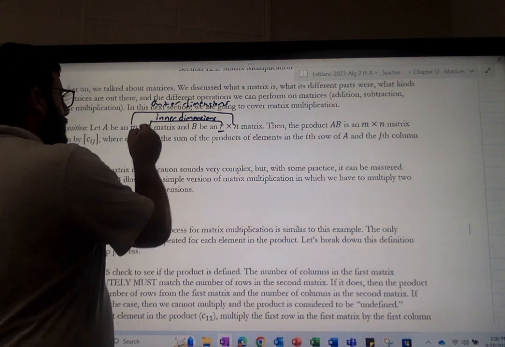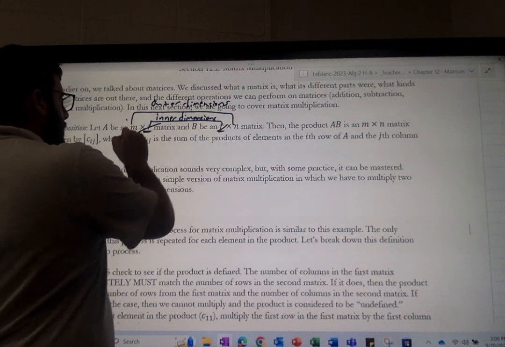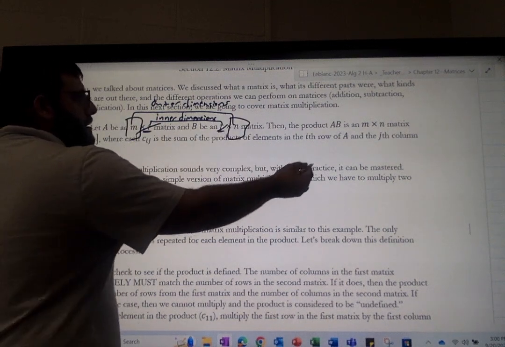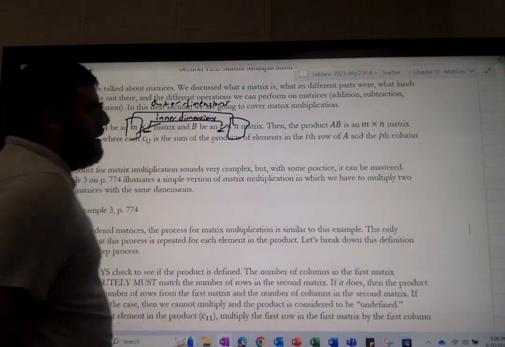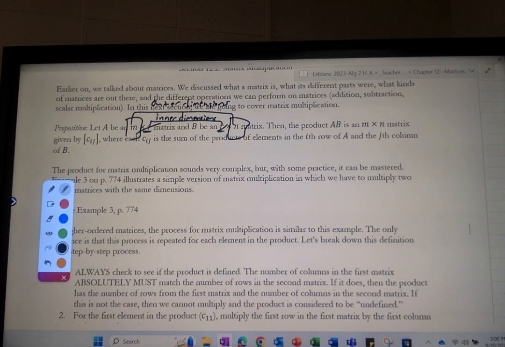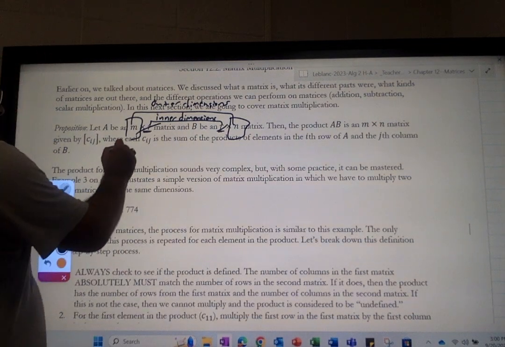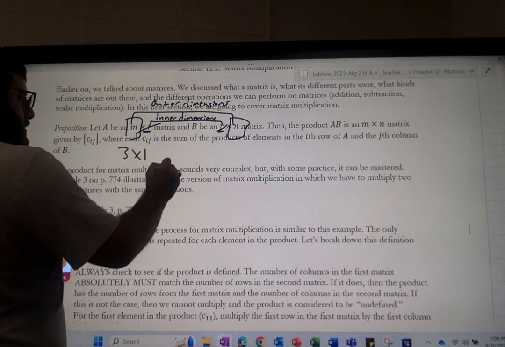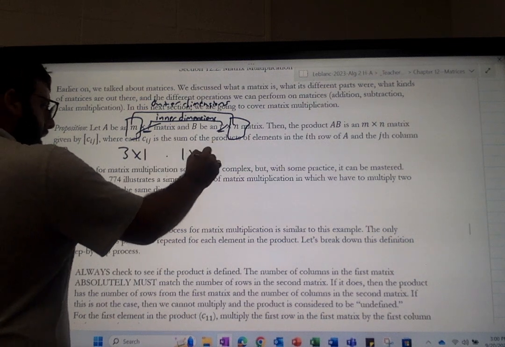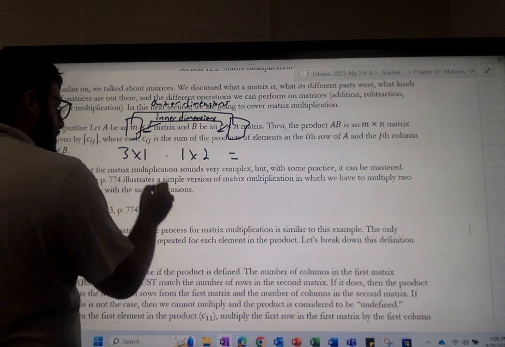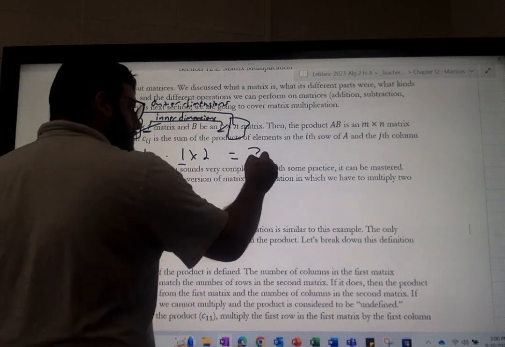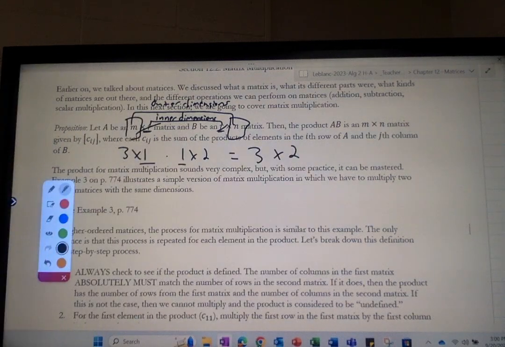Once they match, then the outer dimensions become the dimensions of your product. So I'll give you an example. If I'm multiplying a 3 by 1 matrix times a 1 by 2 matrix, because these match, my product becomes a 3 by 2 matrix. All right, and things of that nature.